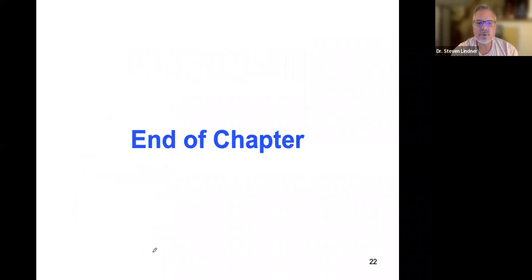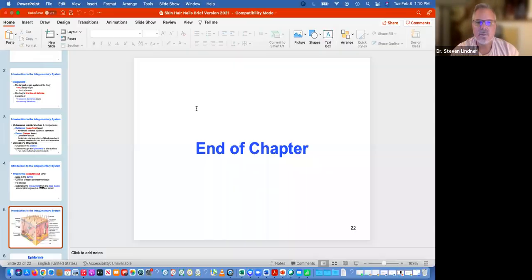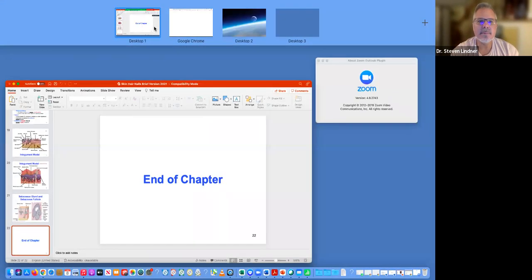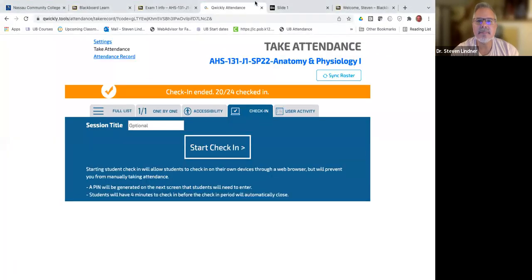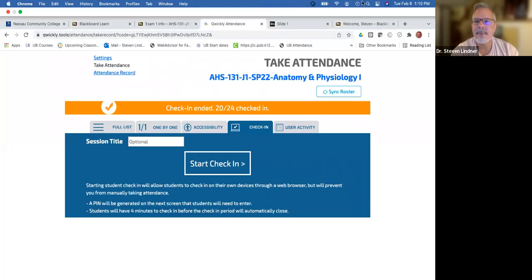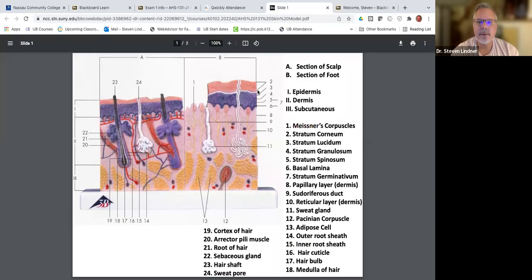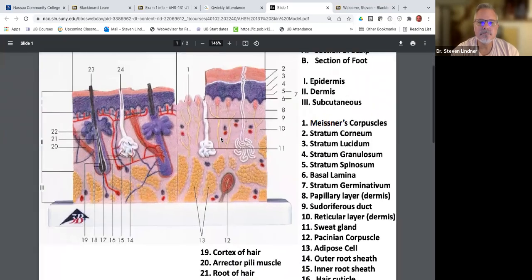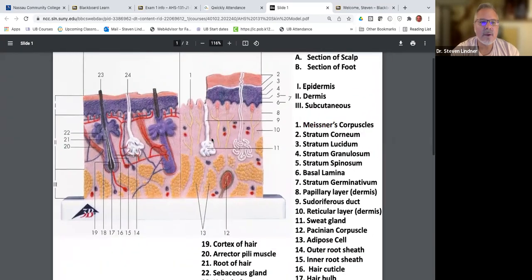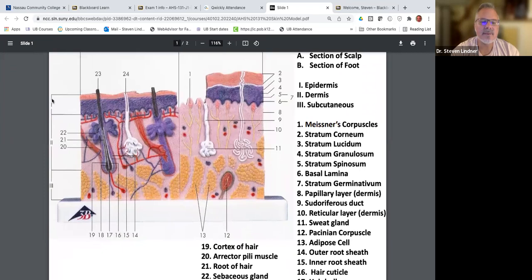Okay, let me show you the skin model now. We'll go through the skin model picture. If we look here on the left-hand side, you'll see Roman numeral 1, Roman numeral 2, and Roman numeral 3.